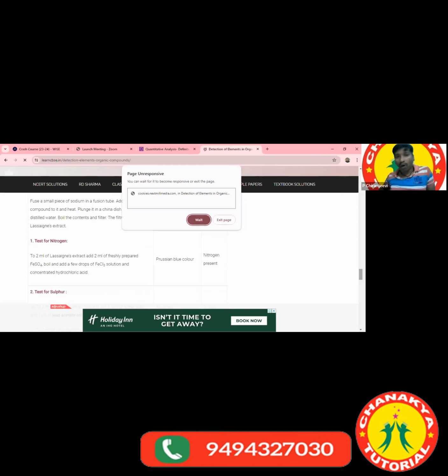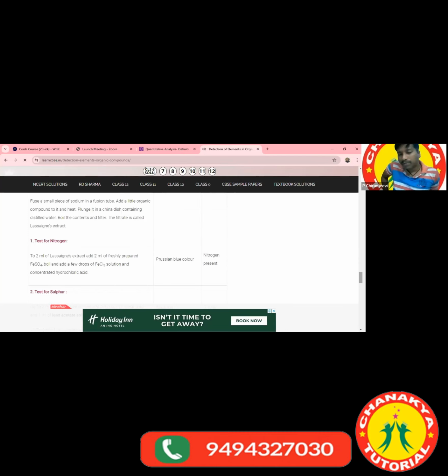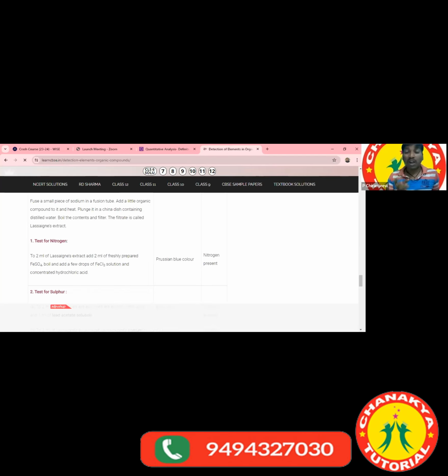If you add freshly prepared ammonium molybdate, you will get a yellow color precipitate. If you get a yellow precipitate, that indicates the presence of phosphorus. So all those are the different tests. Based on these tests, again we are doing confirmation.